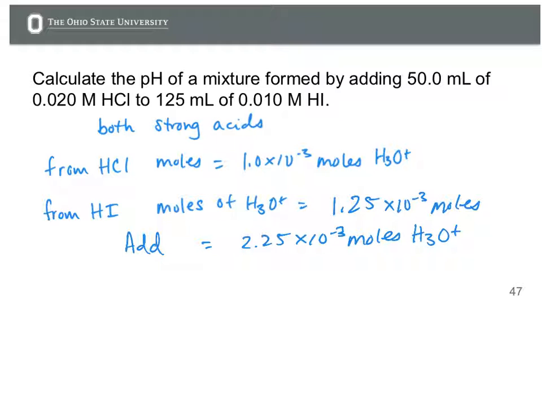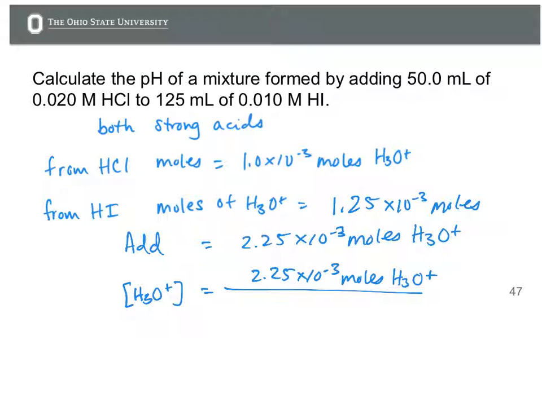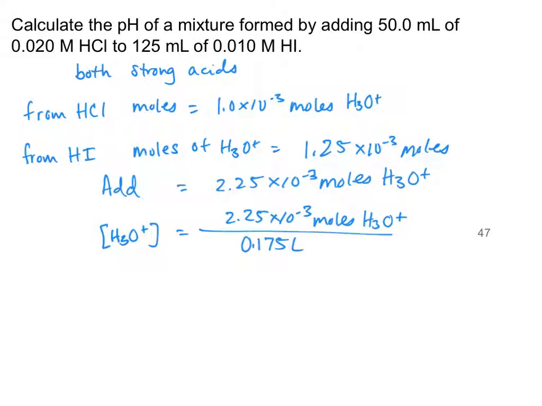In order to find the concentration, we divide by the total volume, which was 175 milliliters, which is 0.175 liters. So I end up with a total concentration of H3O plus of 0.0129 molar.